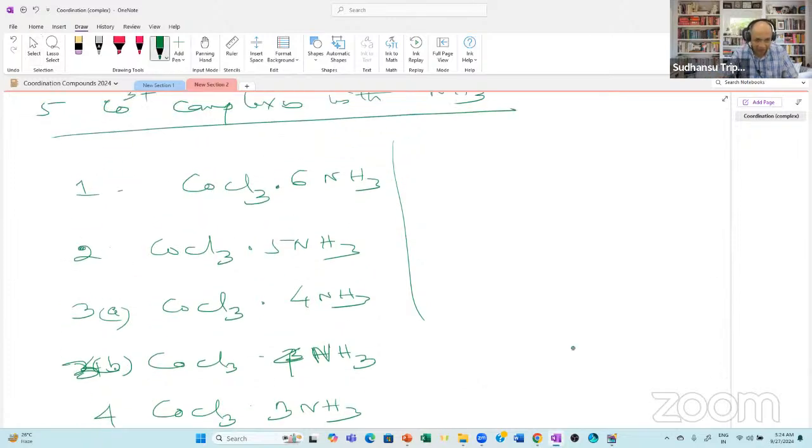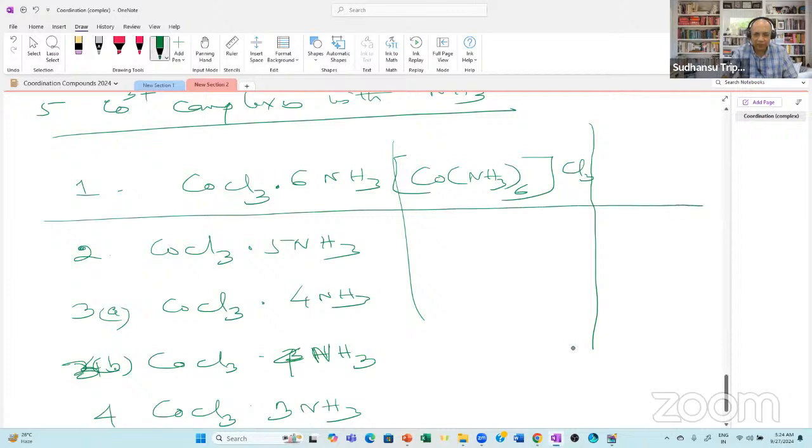And later on, he found the actual formula of the complex is Co(NH3)6 Cl3. Tell me how many ions it will produce: the total number of ions produced, and the moles of AgCl precipitated with excess AgNO3.